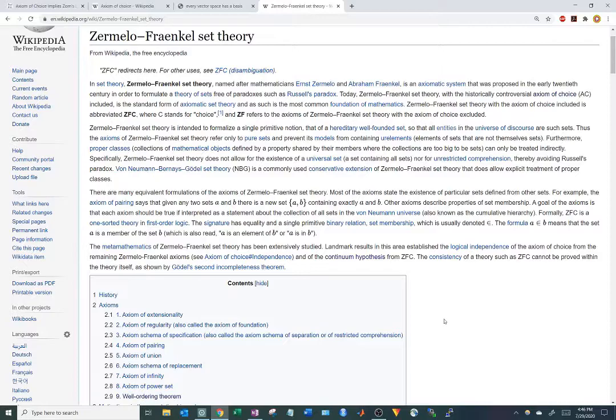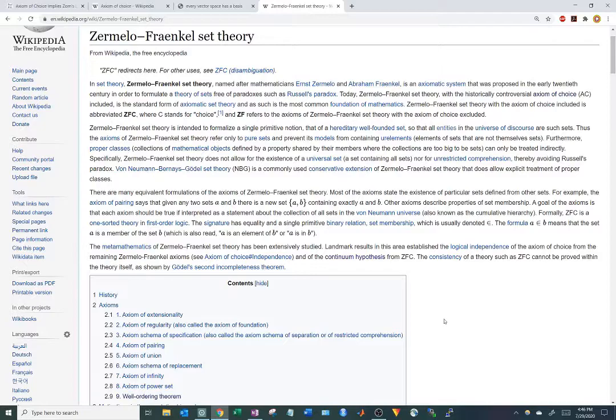But you can also assume that the axiom of choice is not true, in which case you also get a set theory which you can work with. And so it's really interesting that it's neither absolutely true nor false. You get to choose whether or not you want it to be true, based on whether you believe it should be true or not.